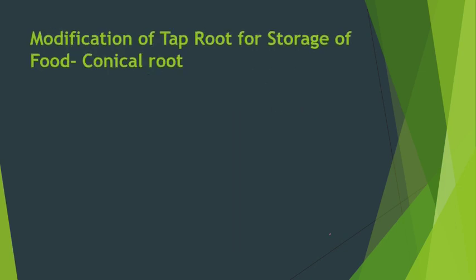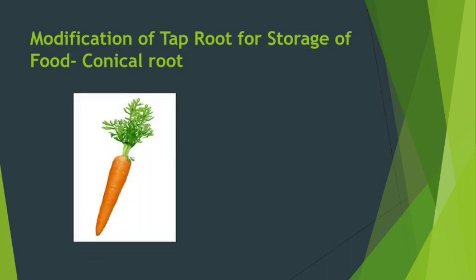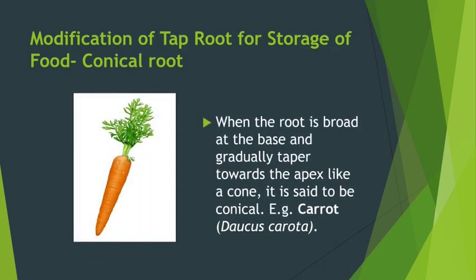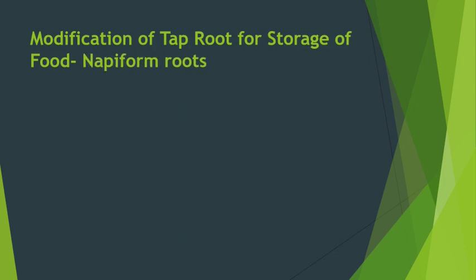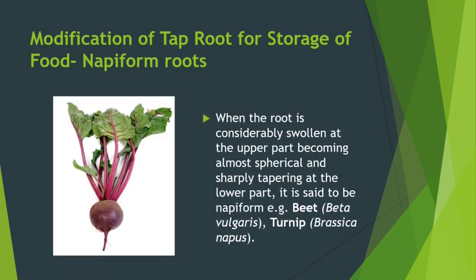So fusiform root. Second type of root modification of taproot for storage of food is conical root. Example is carrot. You can see that the root is becoming cone shaped, broad at the base, and tapering towards the apex. Example, carrot, Daucus carota. Napiform root, again taproot modified to store food. Here the shape you can see in case of beet, that is Beta vulgaris.